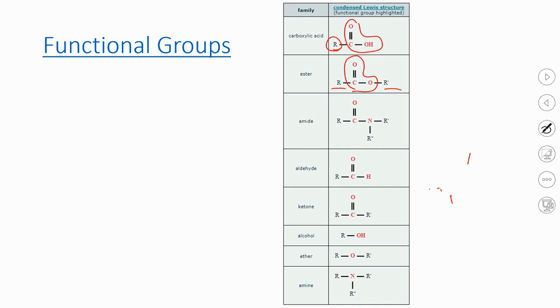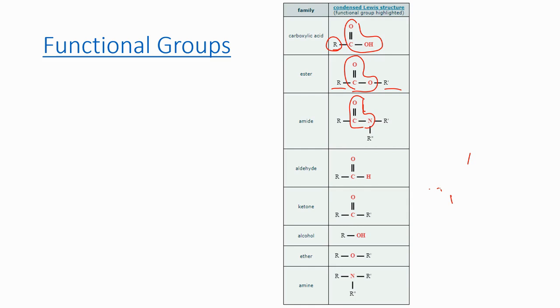If you've heard of this one, maybe it's because you've taken biology. Here we have a carbon double bonded to an oxygen next to a nitrogen. That's what's really important. This nitrogen can be connected to a carbon group, two carbon groups, or these could be hydrogens. But the important part is a double bond carbon to an oxygen next to a nitrogen.